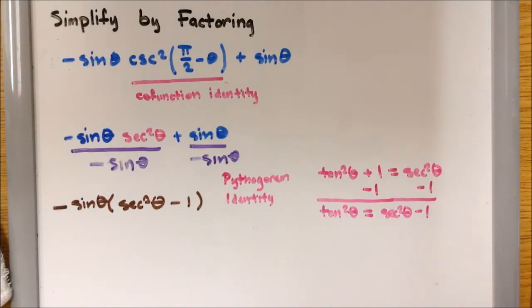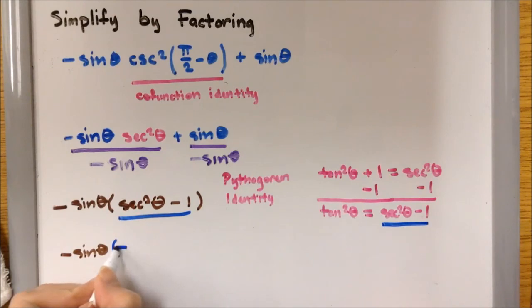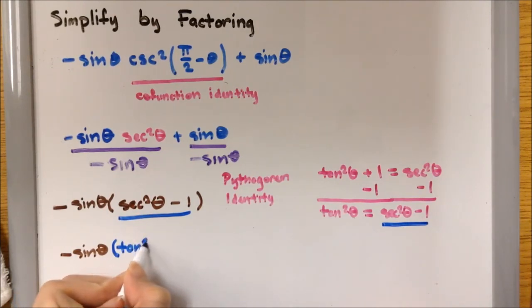So this part is exactly the same as that part. So what I'm going to do, switch out secant squared theta minus 1 with tangent squared theta. So I'm going to write out negative sine theta, and then switch out with tangent square theta.